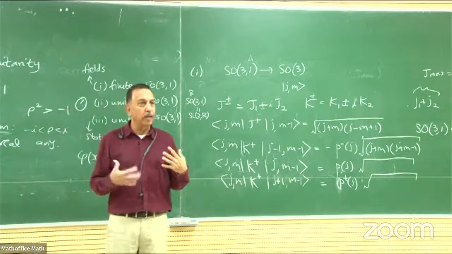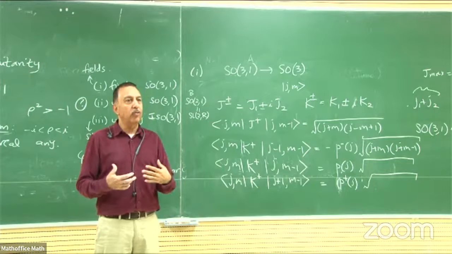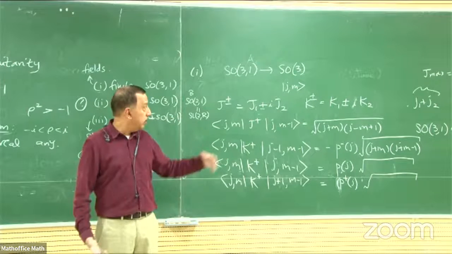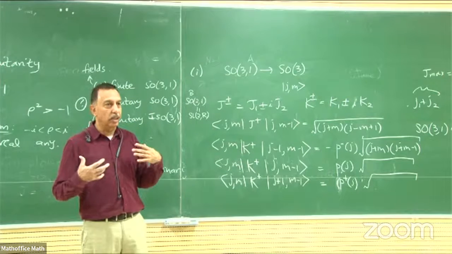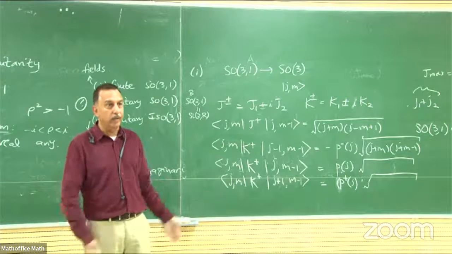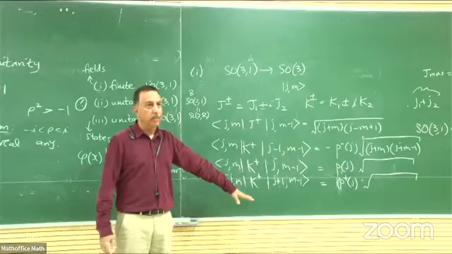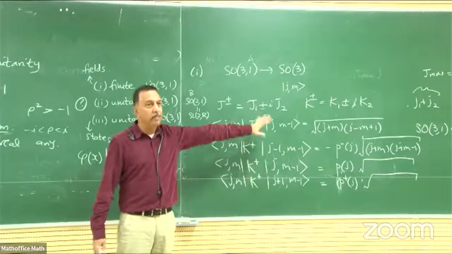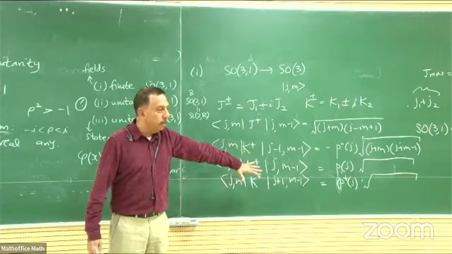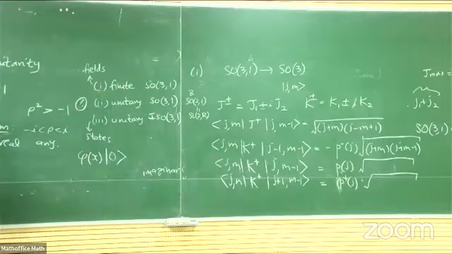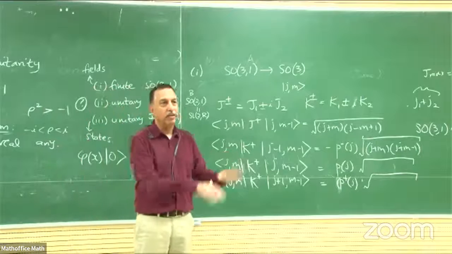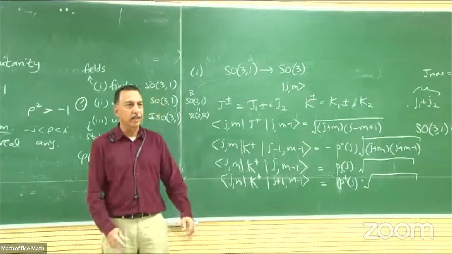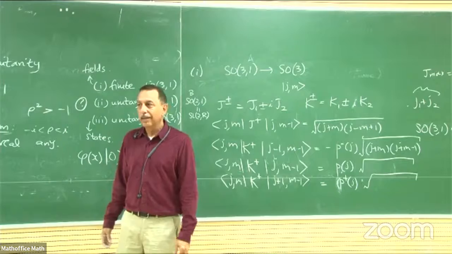When I study a group SO31, I'm free to reduce it first. This is the reductive method with representations. I can reduce it to the SO3 subgroup of SO31 and then do these manipulations. I don't give any physical meaning to this. I just use these to determine the Casimirs in terms of those states. So if SO3 is working for me, I can use it. That's basically the philosophy.